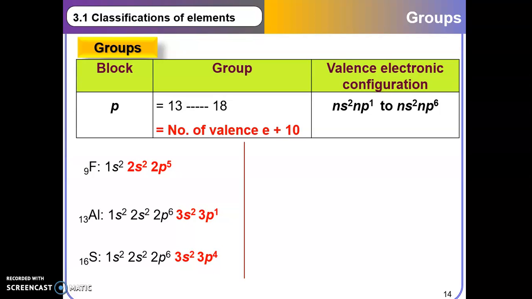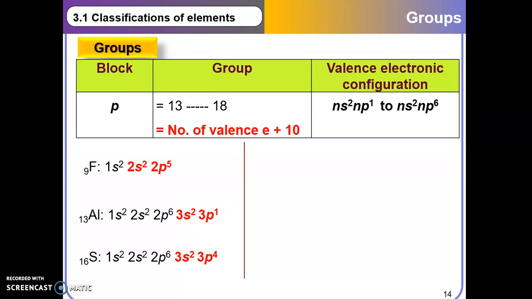Based on the electronic configuration here, fluorine has the highest energy orbital of p orbital. So the element must be in p block. This is the first step that we have to know.